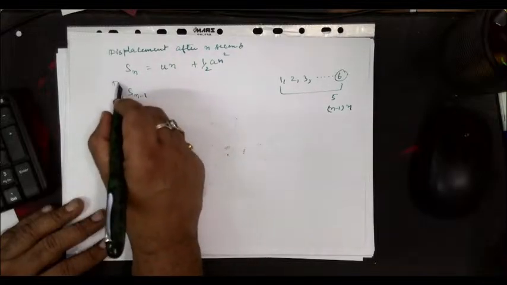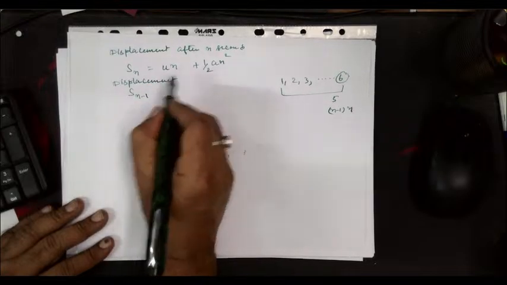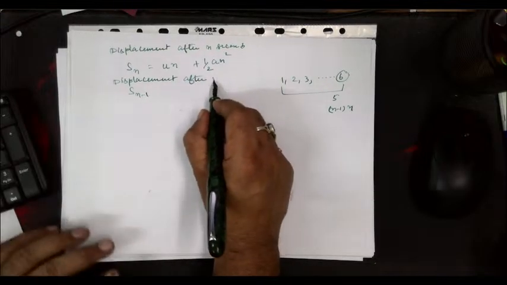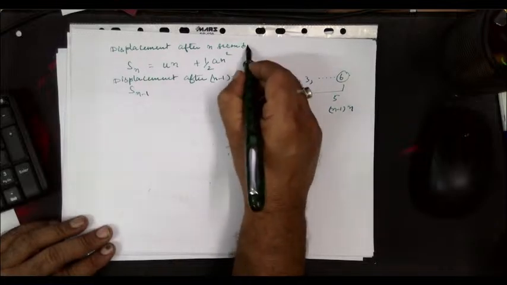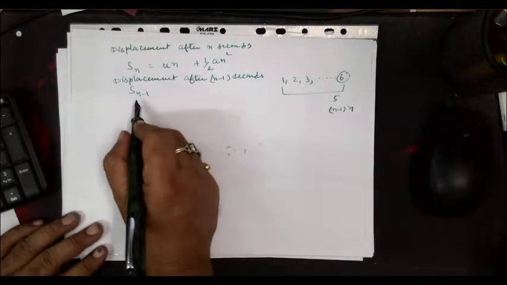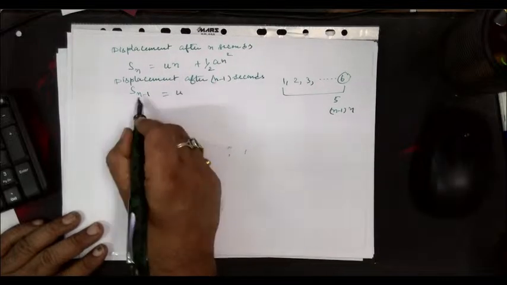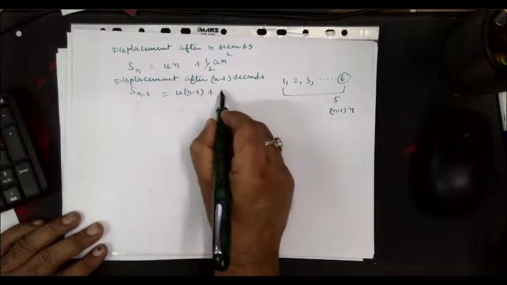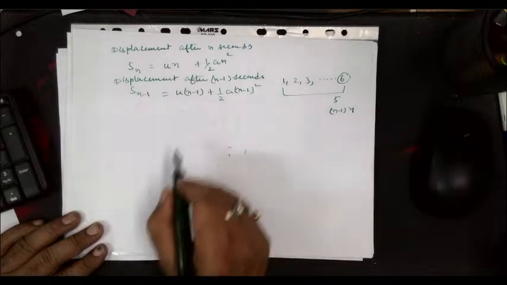It means displacement after n minus 1 seconds. So Sn minus 1 is equal to u, instead of n you can put n minus 1, right, plus half into a into (n minus 1) the whole square, right.